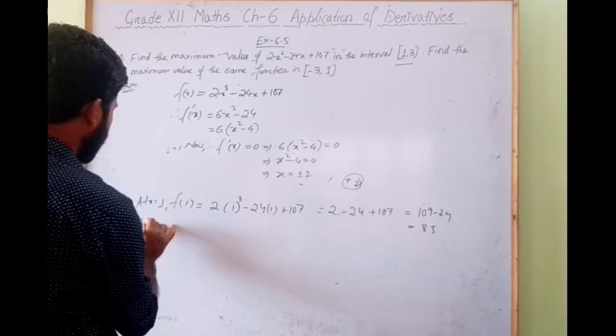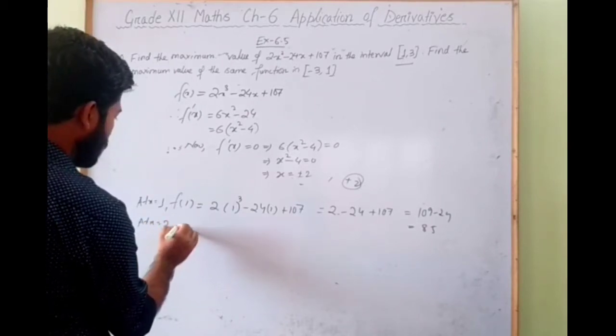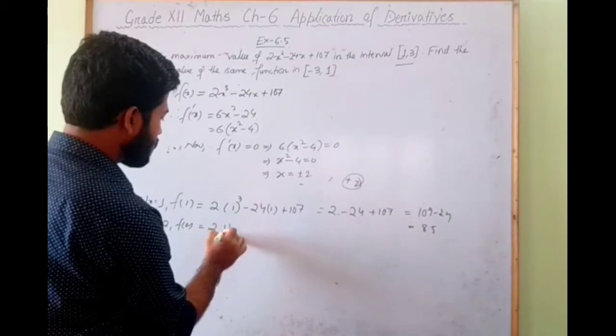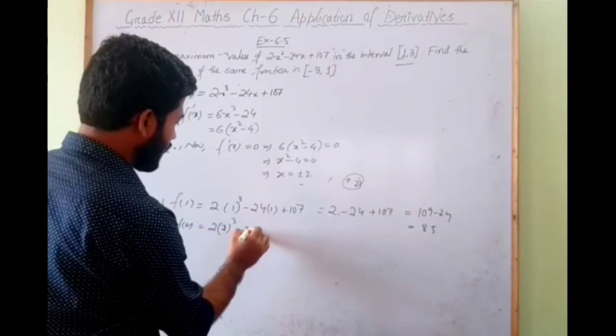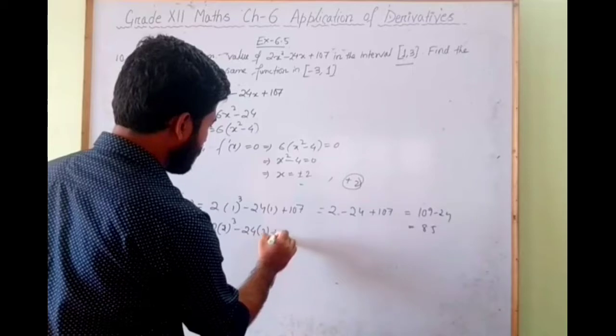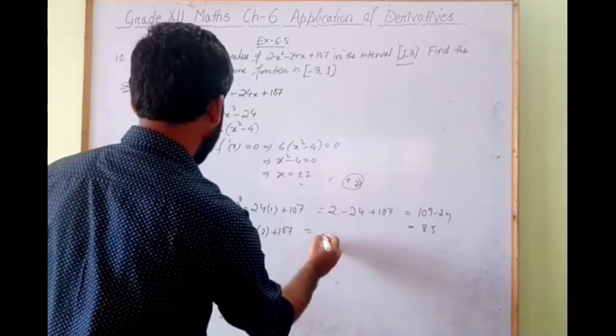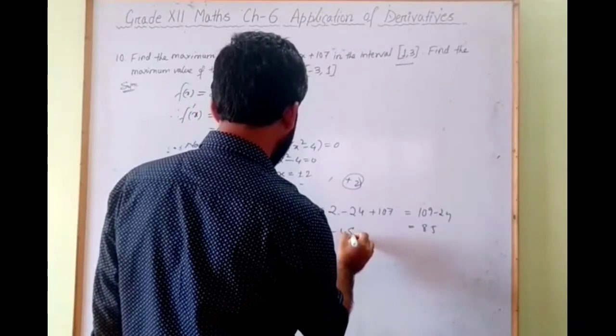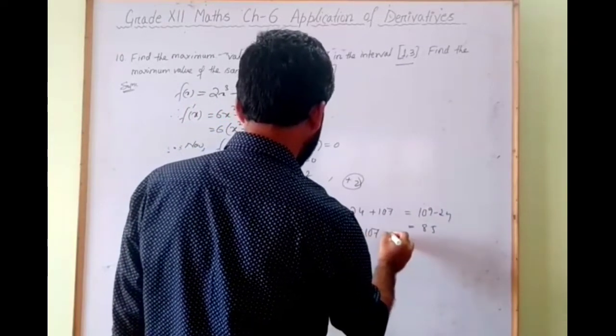And second, at x is equal to 2, that is at this point, f of 2 is equal to 2 into 2 cube minus 24 into 2 plus 107. So this will give us 2 cube is 8, 16 minus 48 plus 107.